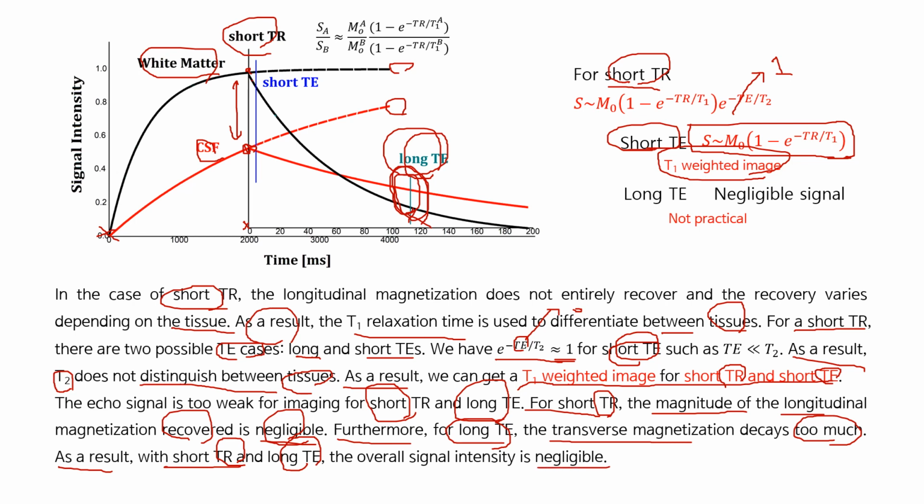So in this case, it's not practical. In summary, in the short TR and short TE case, we have a T1 weighted image. On the other hand, for short TR and long TE, the signal intensity is very small, so it's hard to get the correct image, so it's not practical.